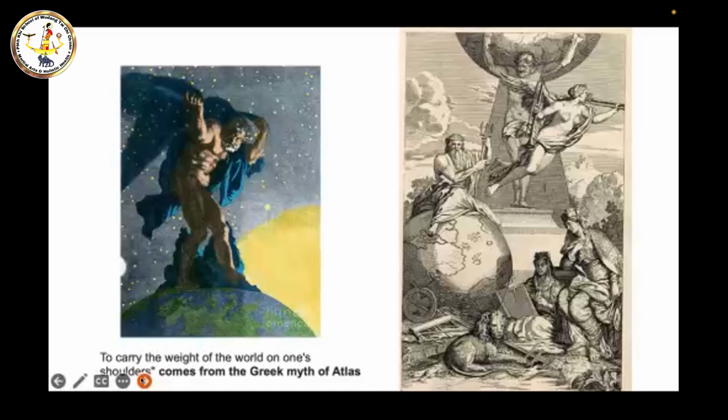And Atlas is one of the Greek Titans, and there is a war of the Titans between Zeus and Kronos, Father Time. Well, as a result of this war, as a result of the Olympians winning this war, some of the Titans had their punishment.